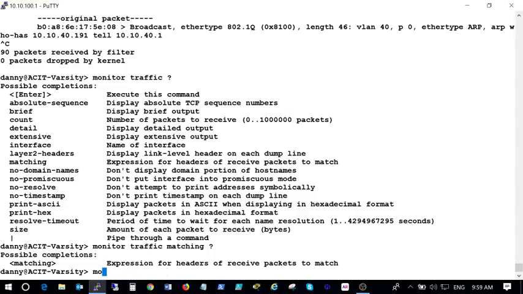Let's look at another interface which is of interest. So we'll go and look at traffic on our internet connection. What about that? Let's look at that one. So our internet connection is the PP0 interface.